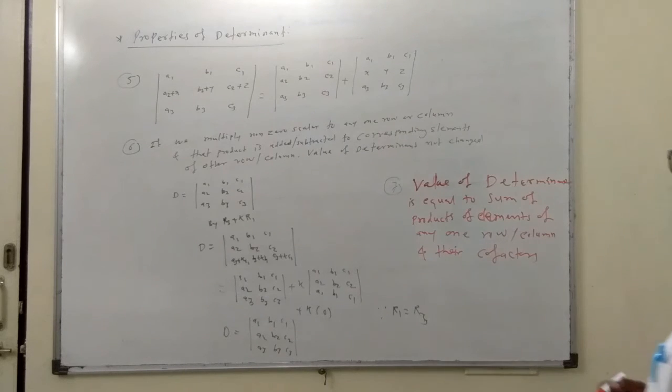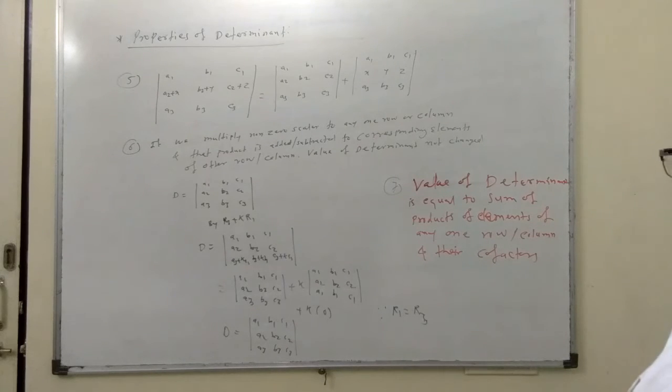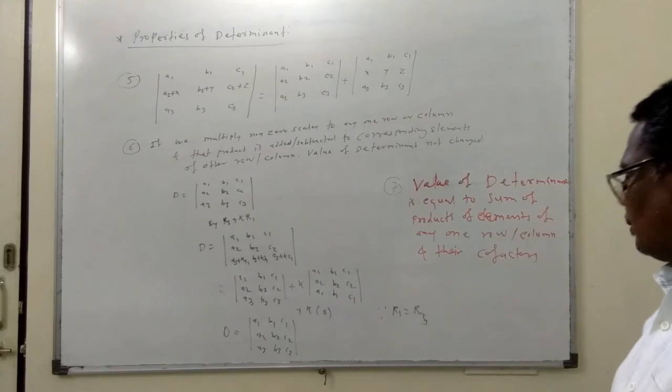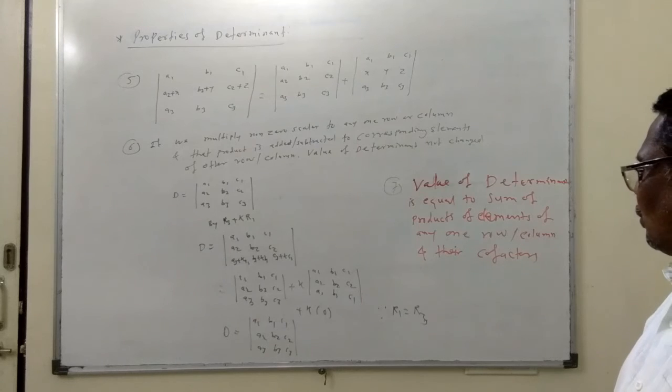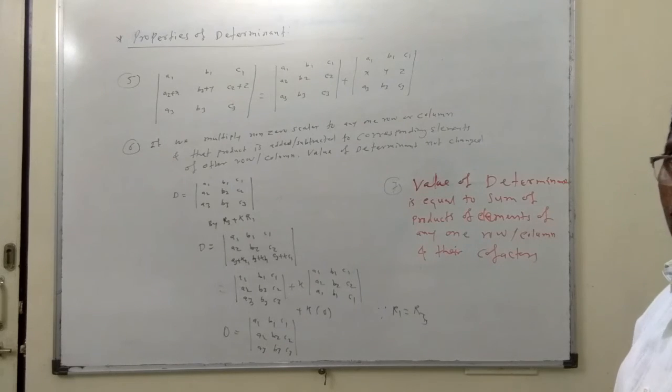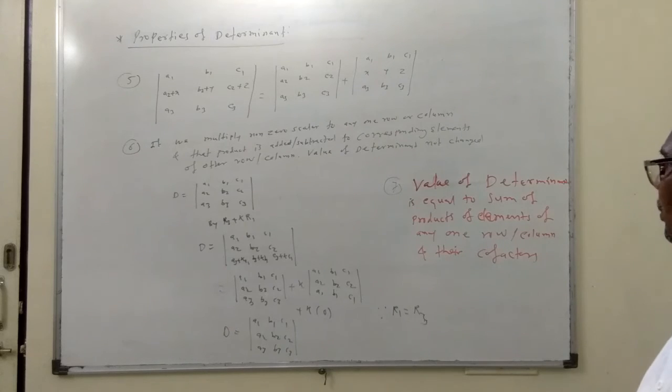So we can expand the determinant in terms of the elements of any one row or any one column, and we take the sum of the products of that element and its cofactor. We'll get the value. So a determinant can be expanded in terms of elements of any one row or any one column. That we already studied in the minors and cofactors previous video.